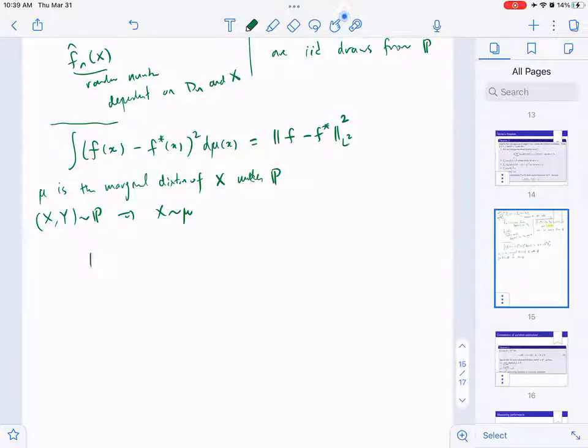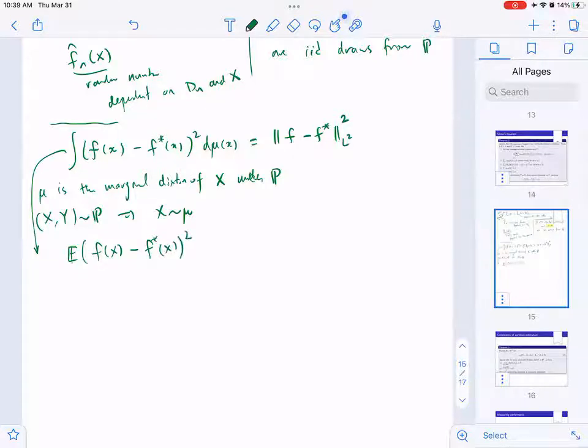okay, so I can say that this is a loss. Actually, no, this is not a loss. There's one more step. So everyone understands this, right? So now I can rewrite this. The tricky part is I can rewrite the same thing as the expectation under x of f of x minus f star of x, squared.